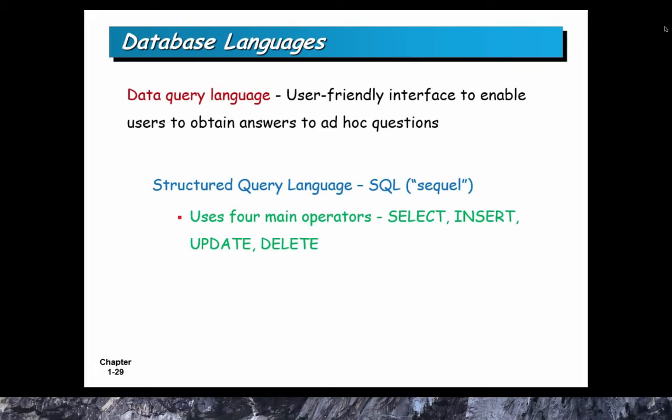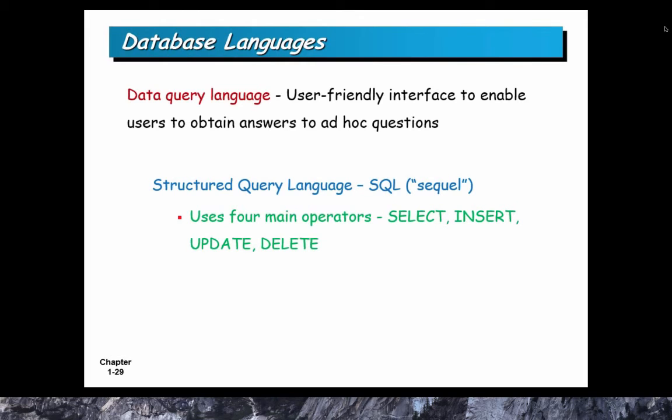In fact, when you do your work in Microsoft Access, it takes the commands that you give it, which are really a bunch of clicks, and converts it into SQL, which then gets compiled and assembled and becomes zeros and ones. There are 4 main operators. You select, insert, update, and delete. And let's look at some SQL.